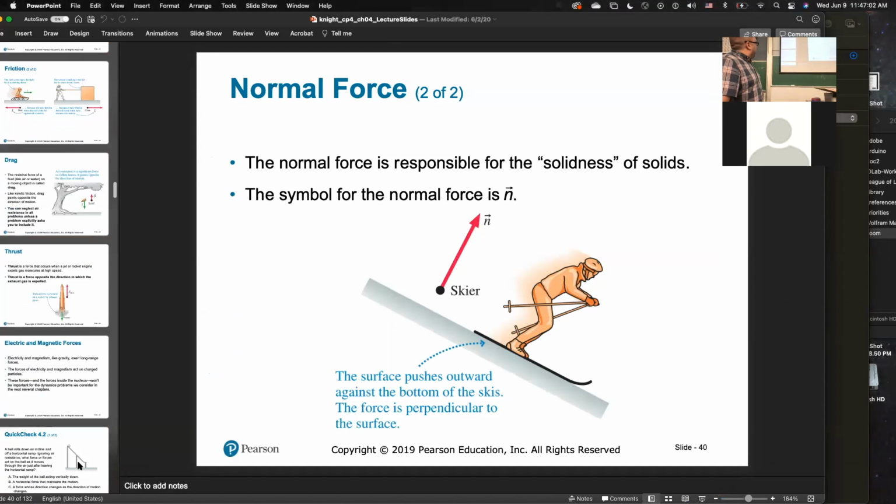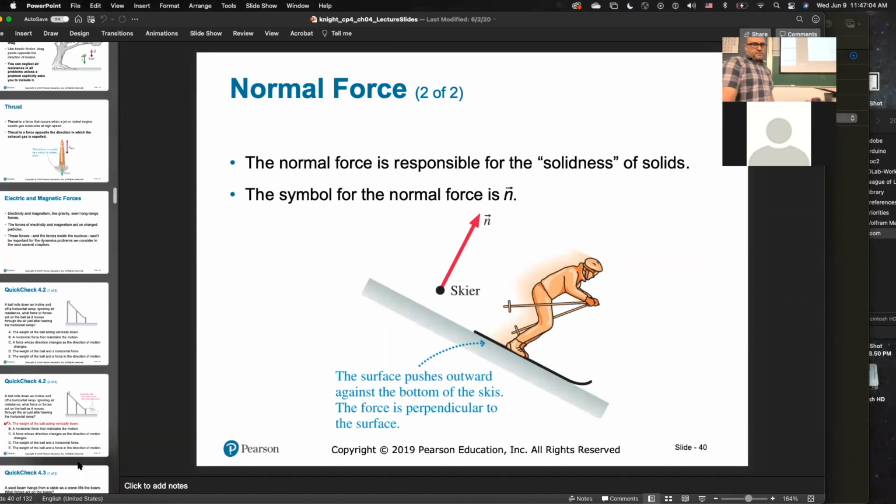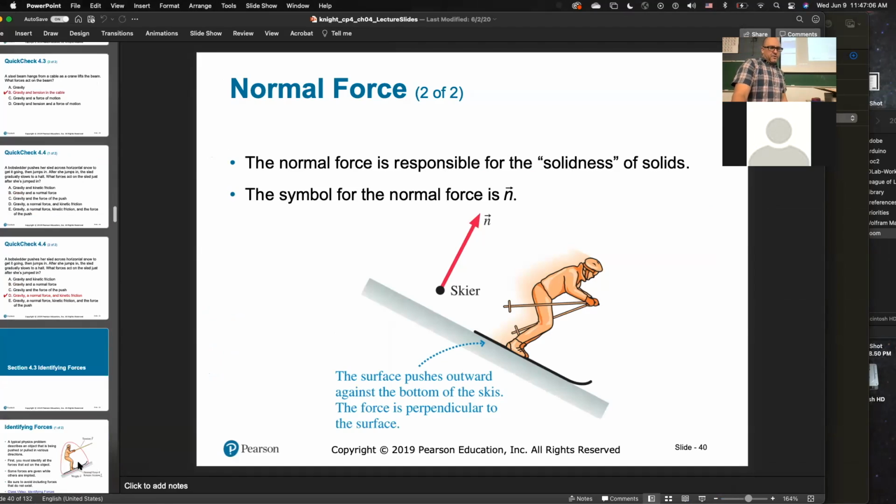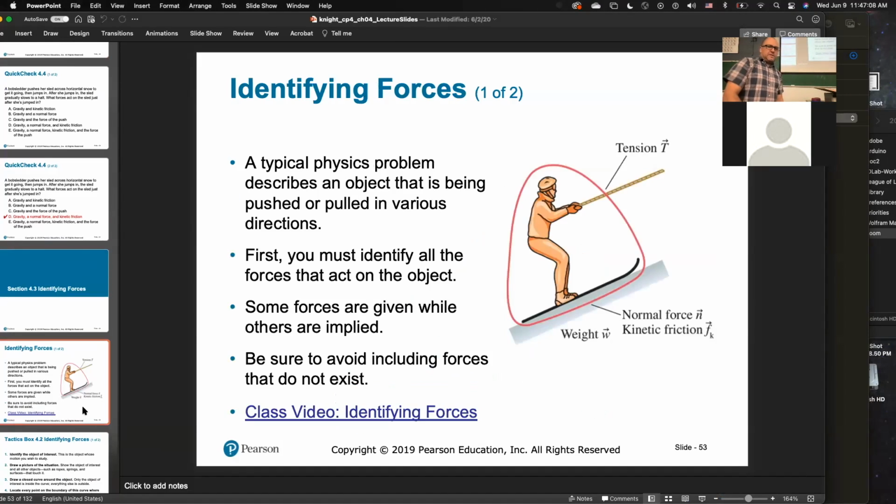All right. So hopefully you can identify all of the forces. In the book, they talk about drawing a circle around your object and then thinking about every object that goes into that surface, and that can be applying a force to your object.